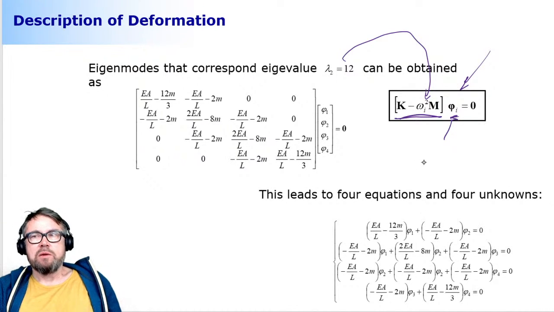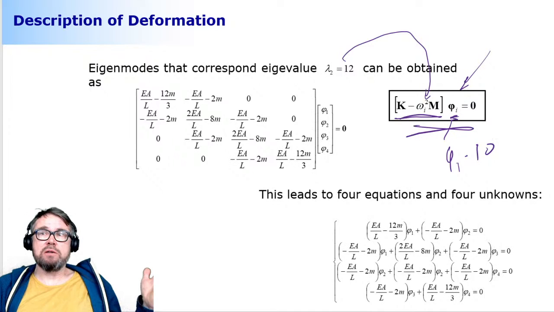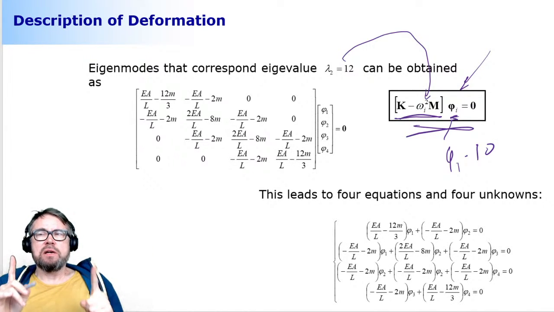This is called scaling. If you want to multiply this by 10, go ahead and do it. It's still going to solve the equation, so it's not making any difference. That's why it's only telling you the relative motion.